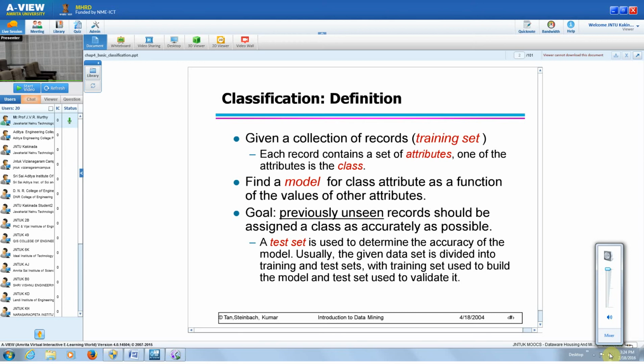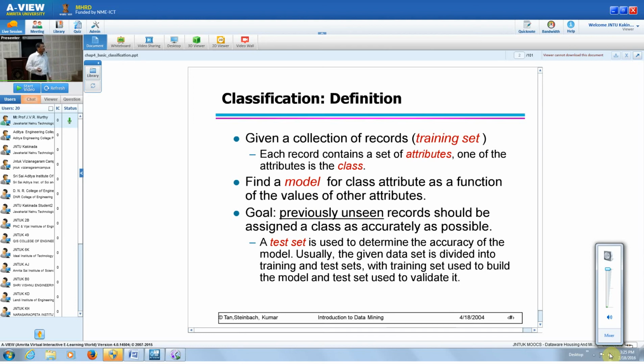That means you will find a set of rules for the class attribute: to arrive at this class, these are the rules. What is the goal? Previously unseen records should be assigned a class as accurately as possible. Do you agree? Because that's what I spoke to you about.